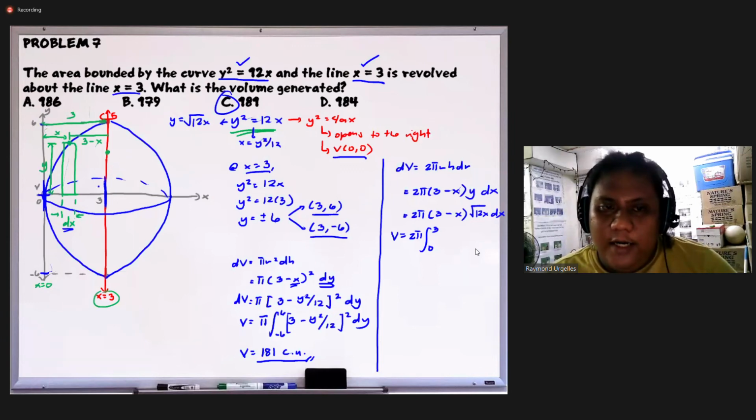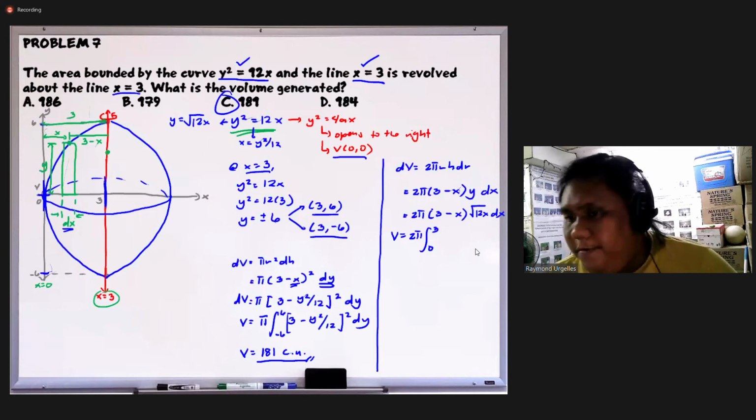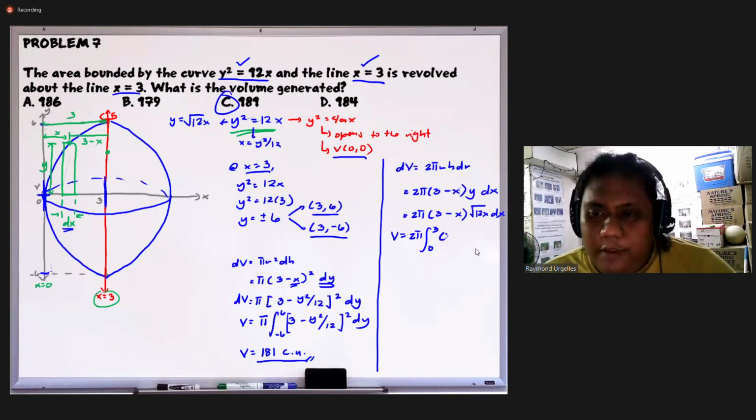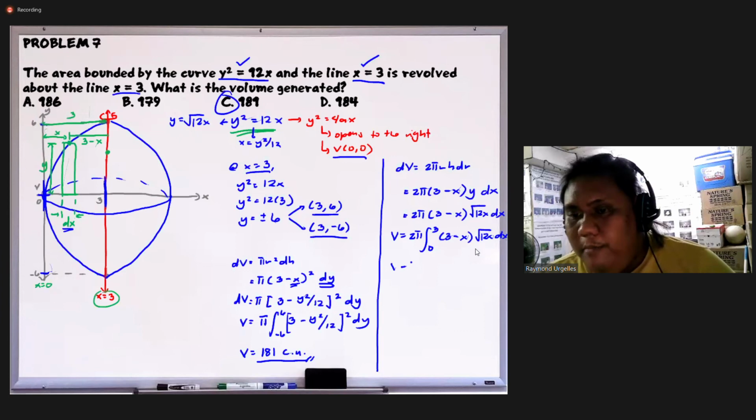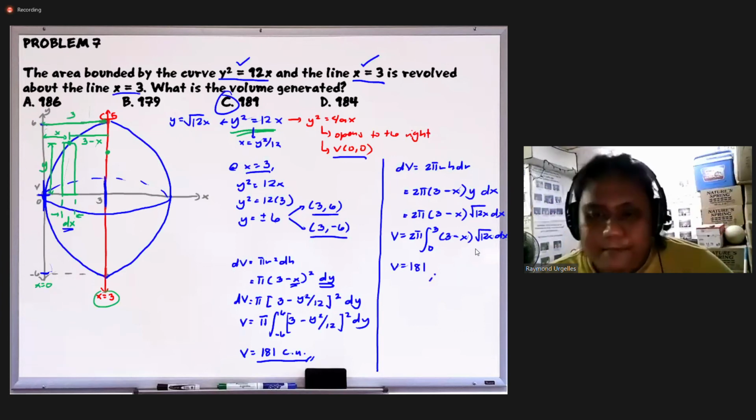Kaya hanggang dito lang sa axis of revolution. So then this will be 3 minus x, then square root of 12x dx. Kayo na yung bahalang mag-solve nito. Diretso nyo na lang sa calculator, makukuha nyo dito yung 181. Pareho lang yung lalabas.